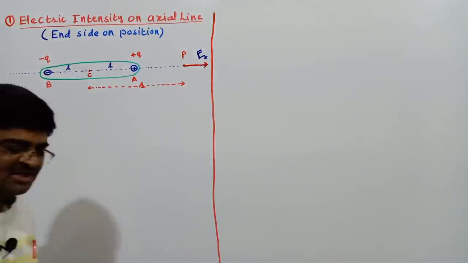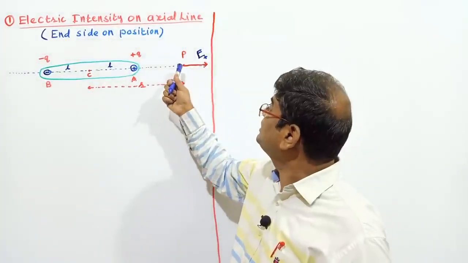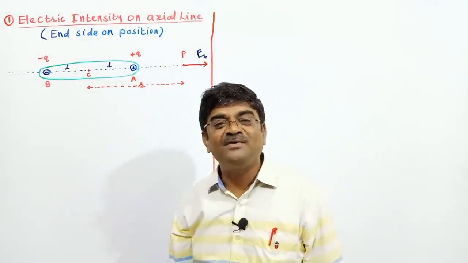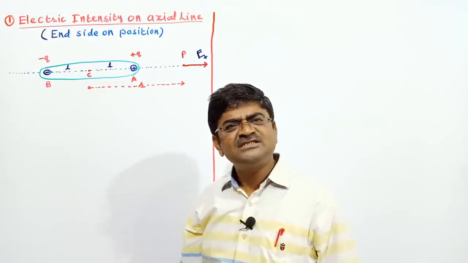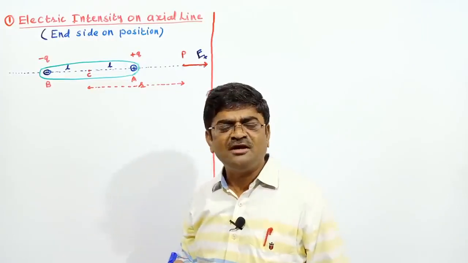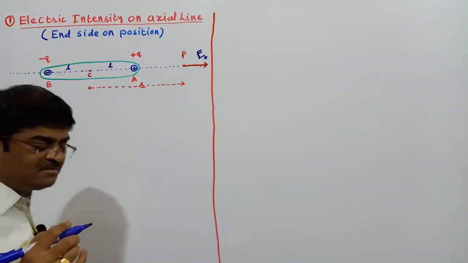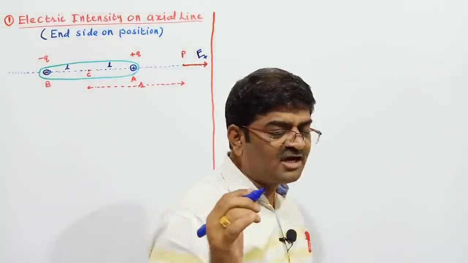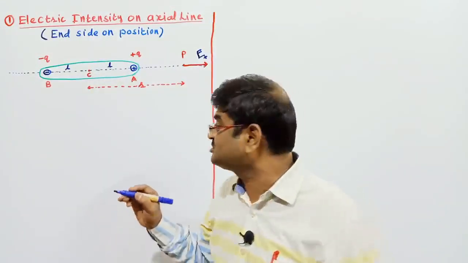What for that subscript plus? To say that it is the electric intensity at P contributed by the positive charge of the dipole. This is the direction. How about magnitude? Nothing difficult to get the magnitude. How do I get it? I have an expression for calculating electric intensity due to a point charge. And what is that expression?